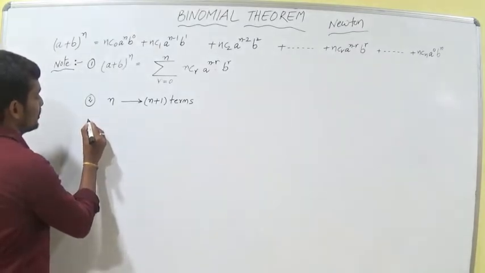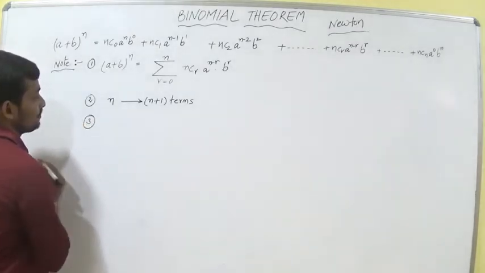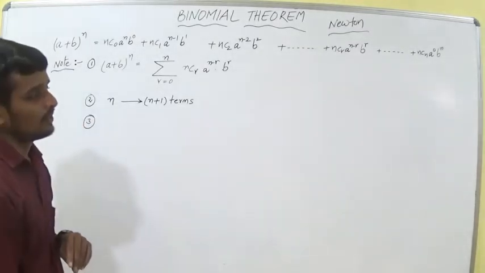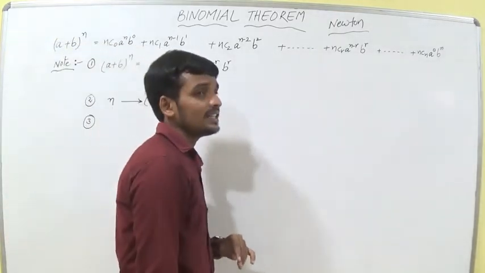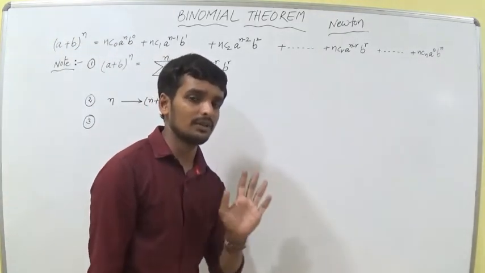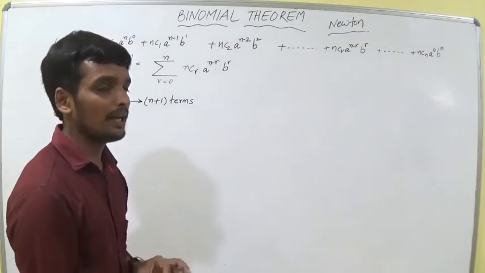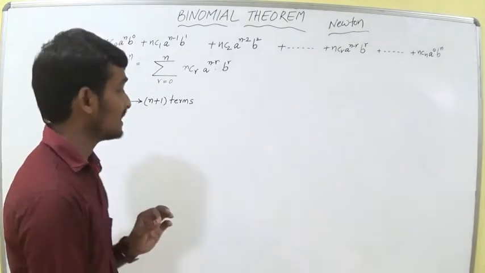And the third important point is: the degree of each term in the binomial expression is n.